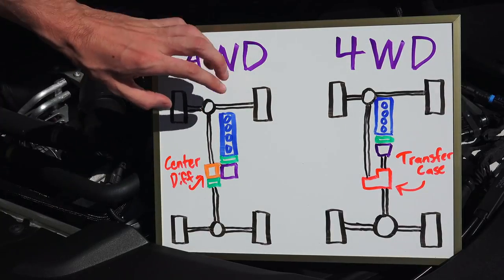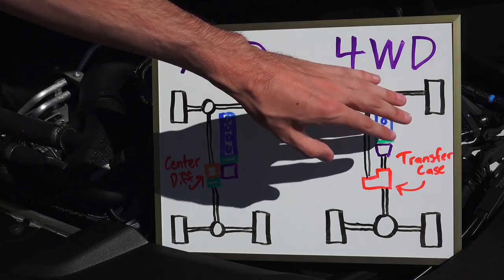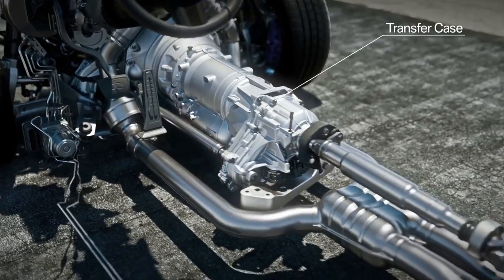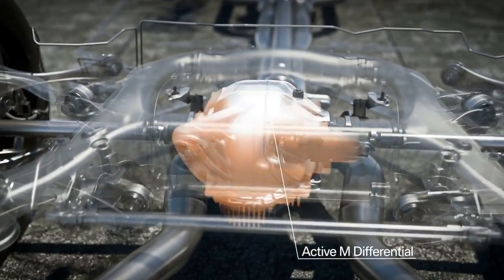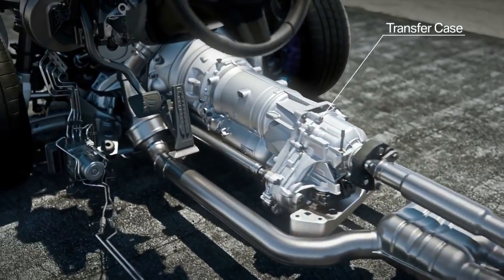So in an all-wheel drive vehicle, from the transmission, it goes to a center differential. In a four-wheel drive vehicle, it goes to a selectable transfer case. So it's going inside of this transfer case, and then it's going to pass from the transfer case directly to the rear differential. And if you put it in four-wheel drive, it will also send power to the front differential.